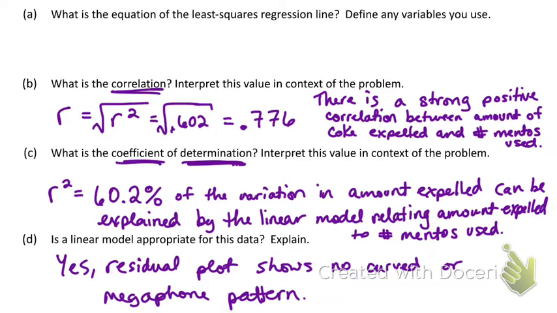Yes, ma'am? What makes the curve or megaphone pattern inappropriate? So if I have a curved pattern in my residual plot, so let's say I see this, that means I'm trying to fit a line to data that looks like that, and that is very clearly not linear.